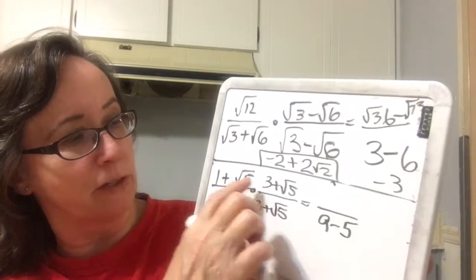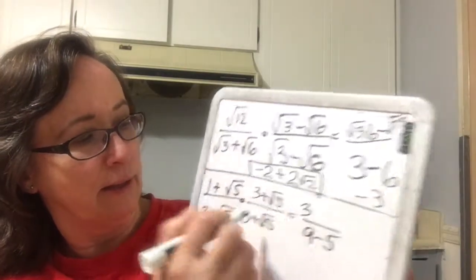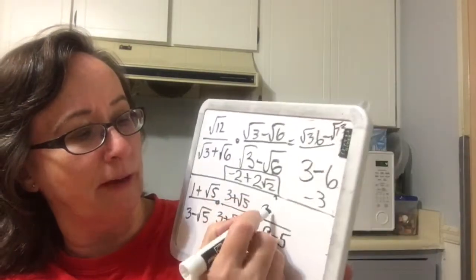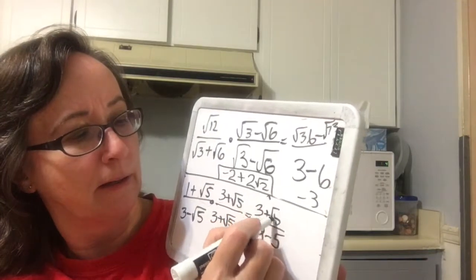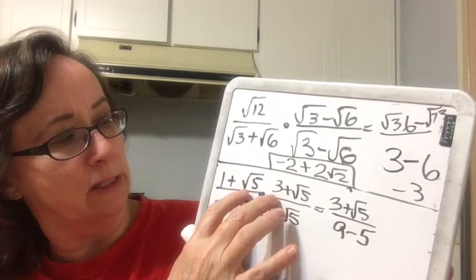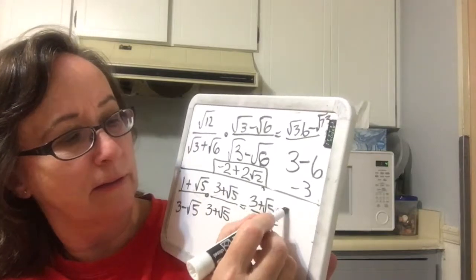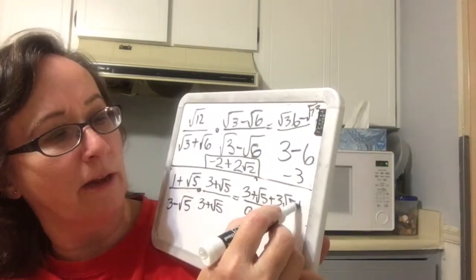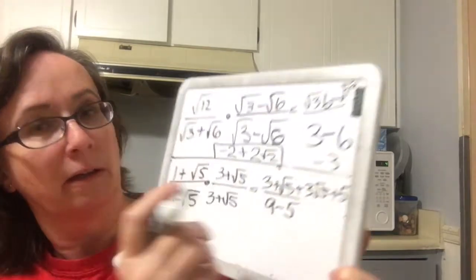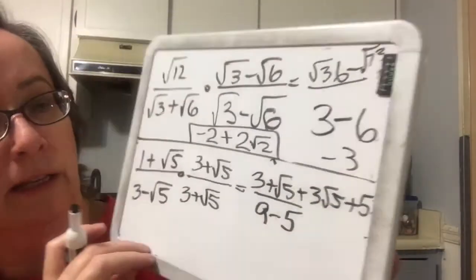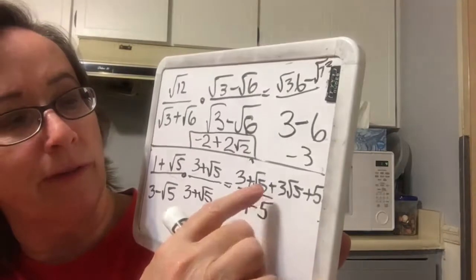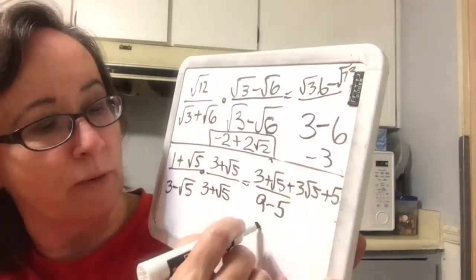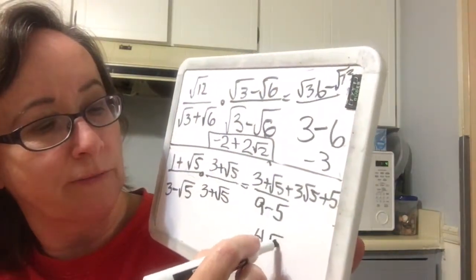Okay, so the first term is 3. The outside is square root of 5. The inside is 3 square root of 5. And the last is just another 5. All right, so far so good. So now I've got my square root of 5 and my 3 square root of 5 is 4 square root of 5.